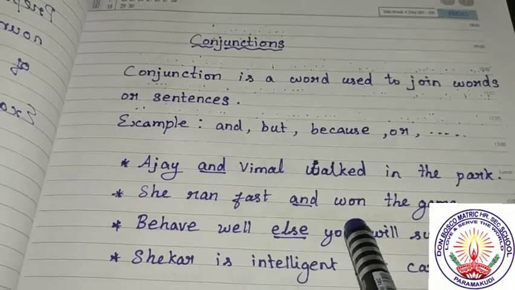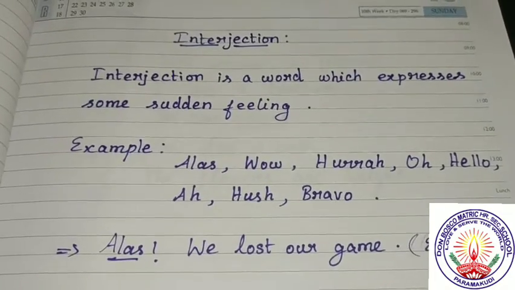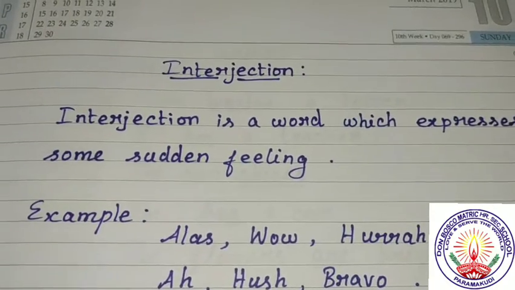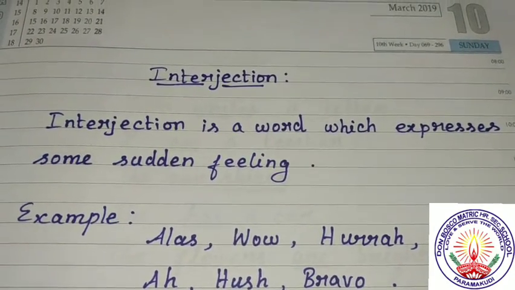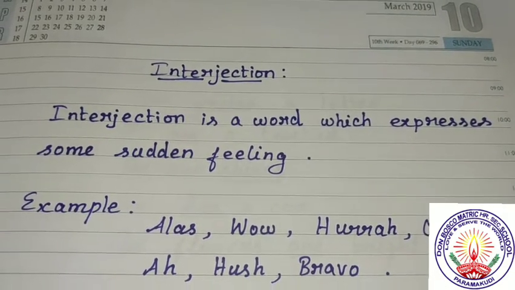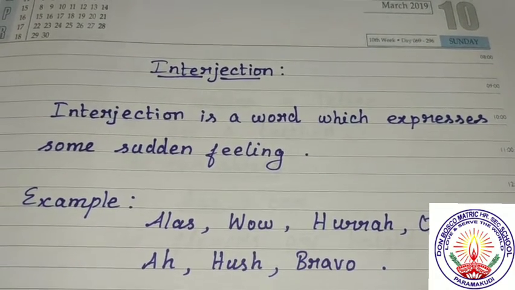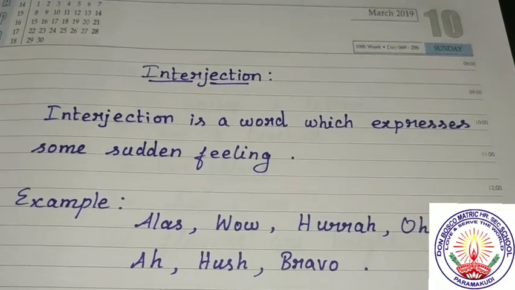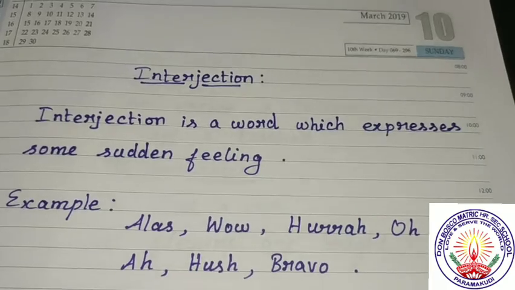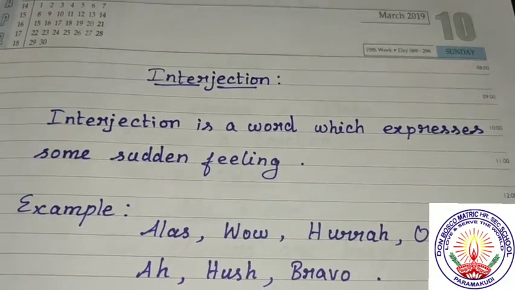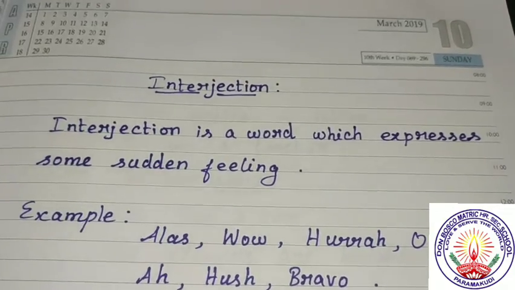Okay, do you understand? And the last one is interjections. What is an interjection? An interjection is a word which expresses some sudden feelings. What are the sudden feelings? Emotions of joy, sorrow, surprise, pain.